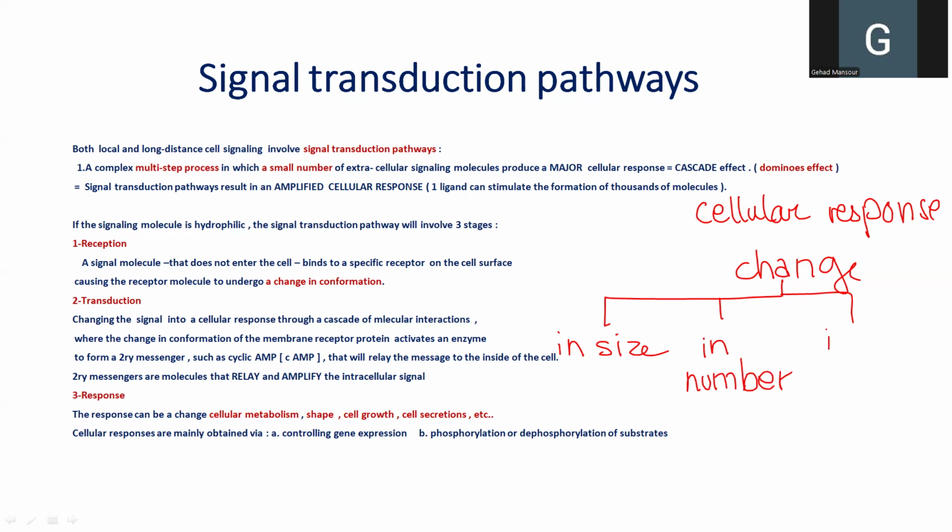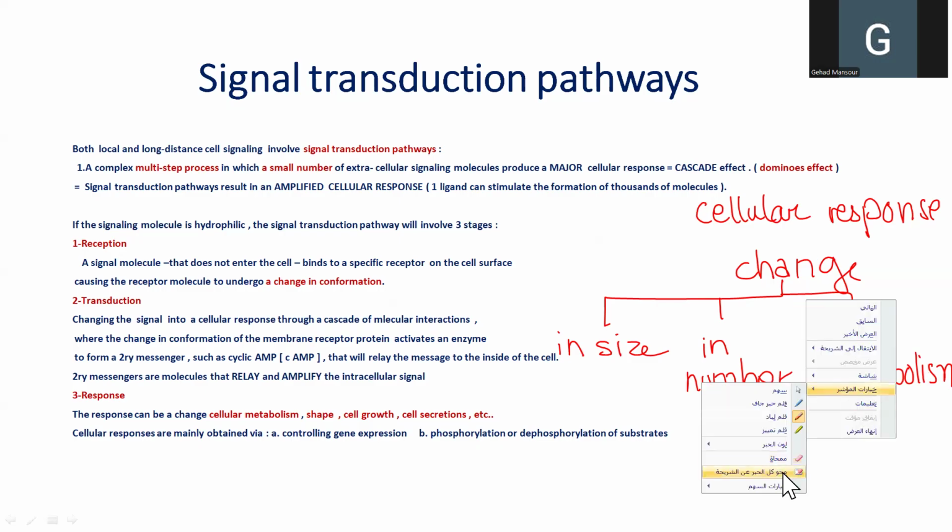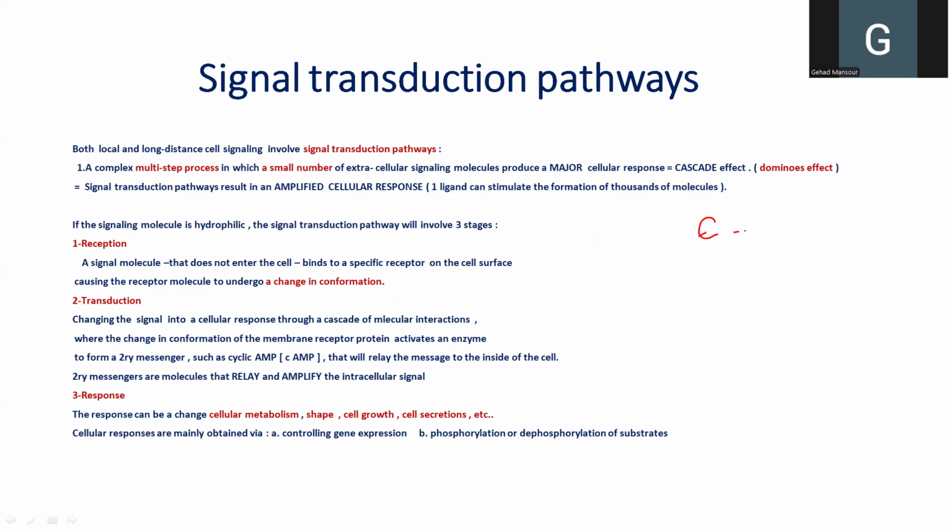It might be a change in the metabolic rate of the cell, in the metabolism of the cell. These are the aspects of the cellular response. But how can the cellular response produce all this? Through cyclic AMP. And how can cyclic AMP do all this?